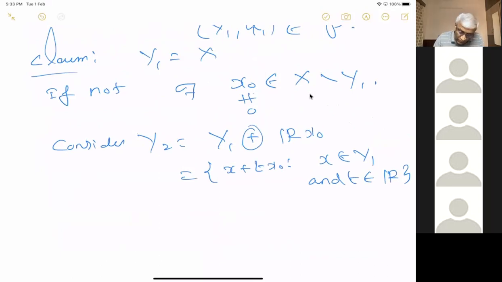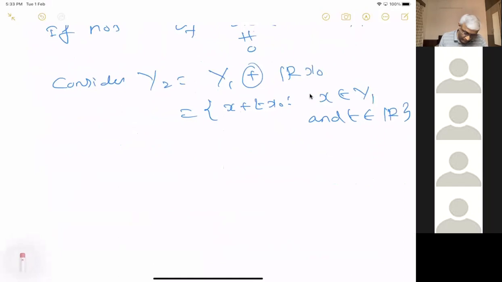So for that we need to see, if we want to define a linear functional on this y2, all we have to do is, we already have a linear functional on y1. We have to define it only on this R x naught, and to do that we only need one real number.